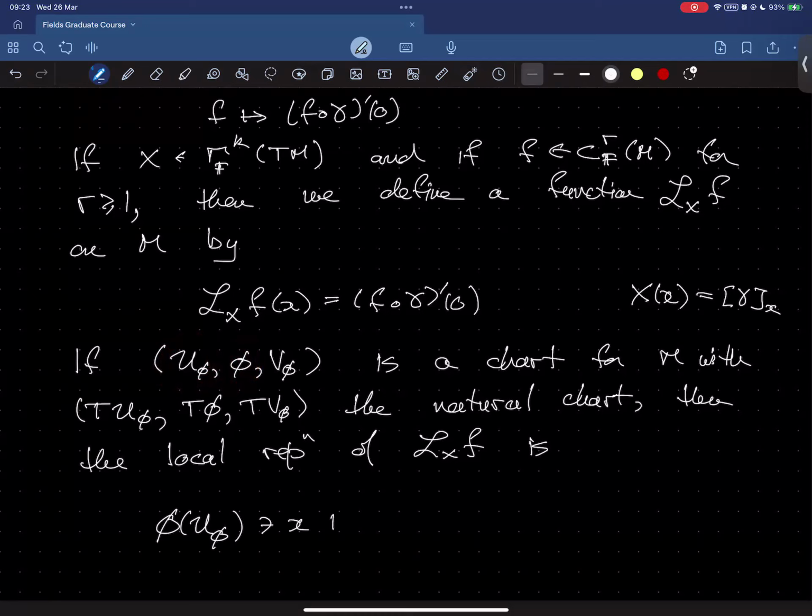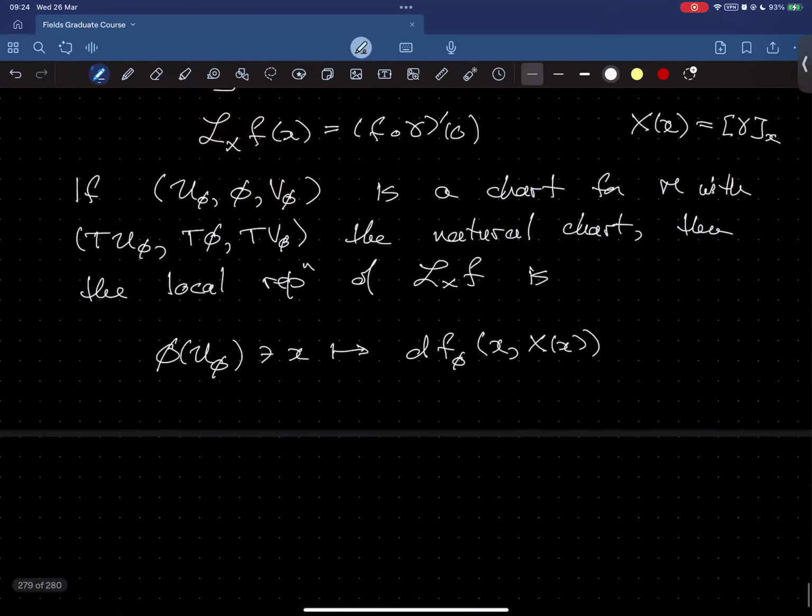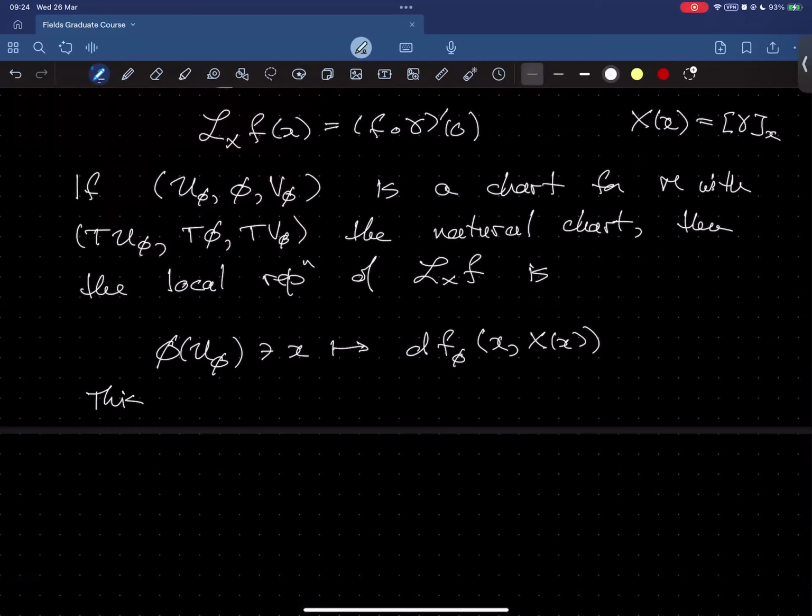It's going to take a point x and map it to df_phi at x in the direction of X, like this, where f_phi is the local representative of f. Okay, so that's what this function looks like, and this is what's called the Lie derivative of f with respect to X.